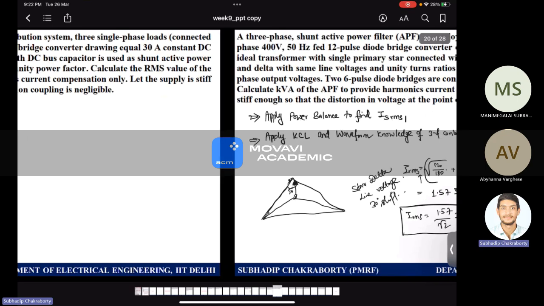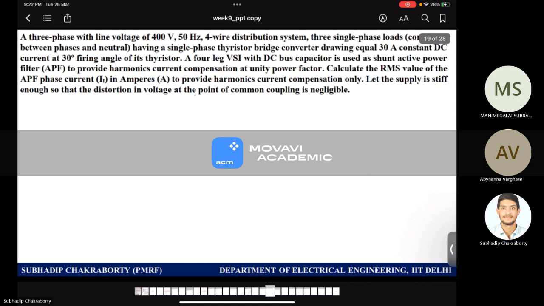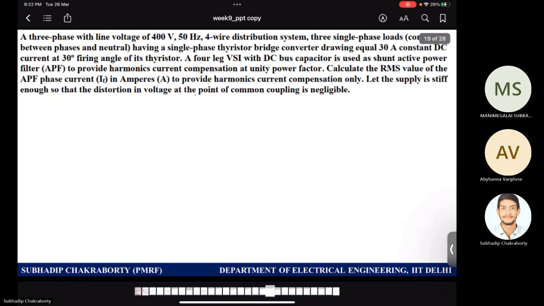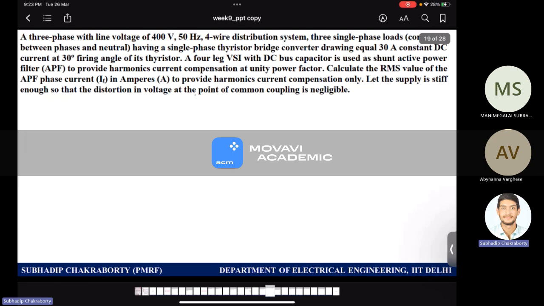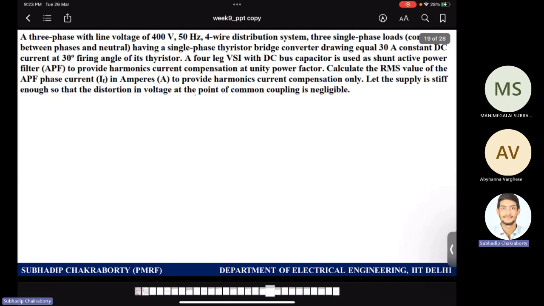Just read this problem. It is important. Then we can wrap up the complete series filter and your shunt filter, active and passive. It will be complete. It is a 2-line problem.